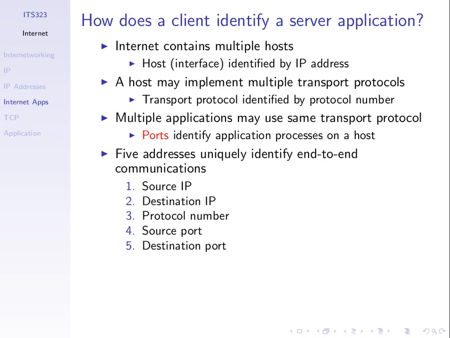The other thing I need to know is that I may be running different applications. So we use a new number called a port, or a port number, to identify applications on a host. Let's use an example to explain that.